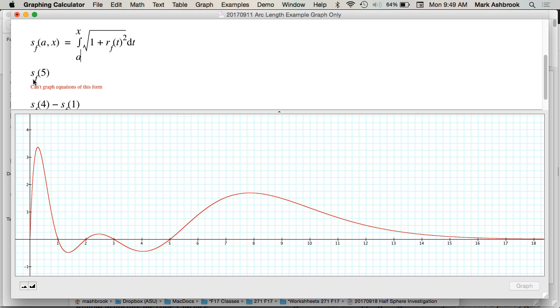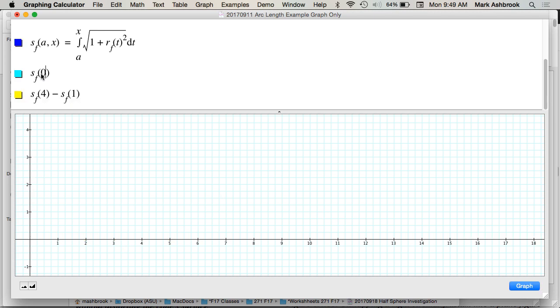So to get what used to be s of f of 5, I want to do 0, 5 now, because that's the way it's defined. First tell me the x value where we start, and then tell me how far you want to accumulate to. So now how can I redo this? This was 0, 4 and 0, 1.